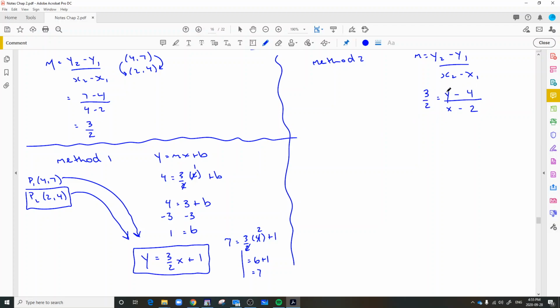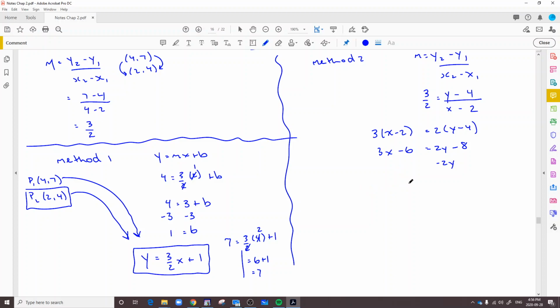If you had chosen this method, again, it wouldn't matter which point you used. If we did it like this, don't forget the next step is bottoms up. So 3 times x minus 2, 2 times y minus 4, and then you multiply through. And then you put your variables on one side. So you get 3x minus 2y. Oh, sorry, take that back.